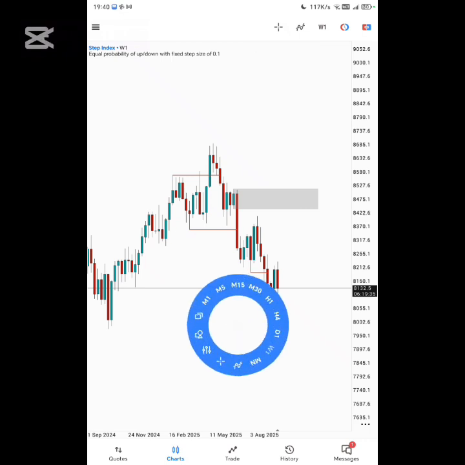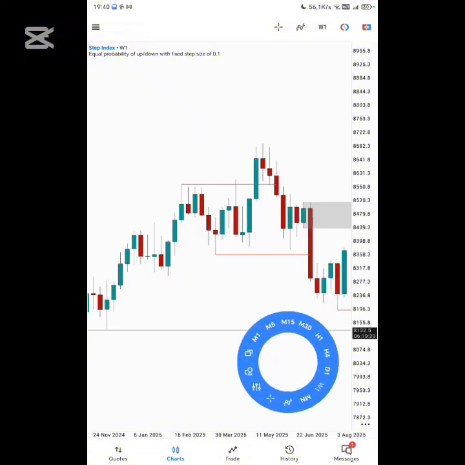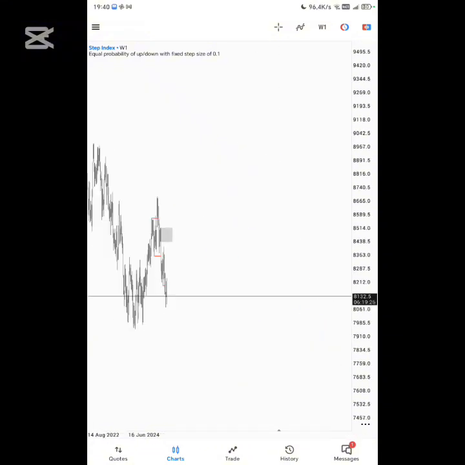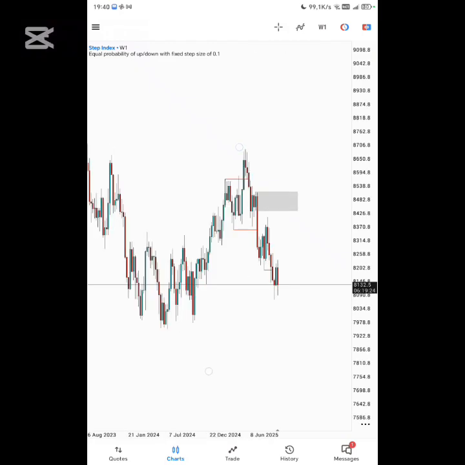A flip zone happens when we, let me take a screenshot to show you. Let me do this. I want an empty space.